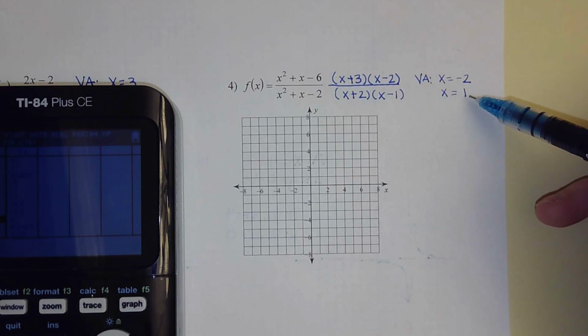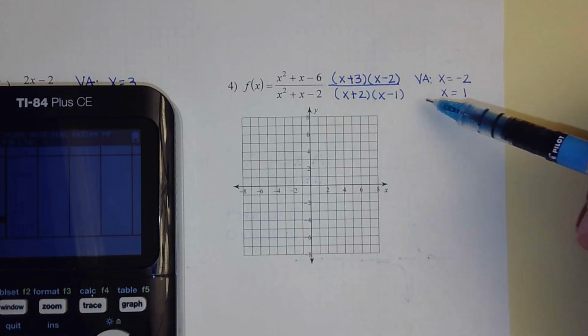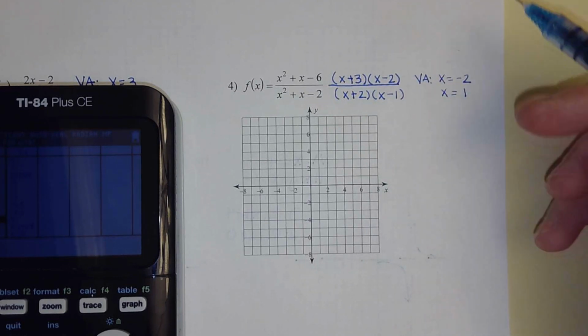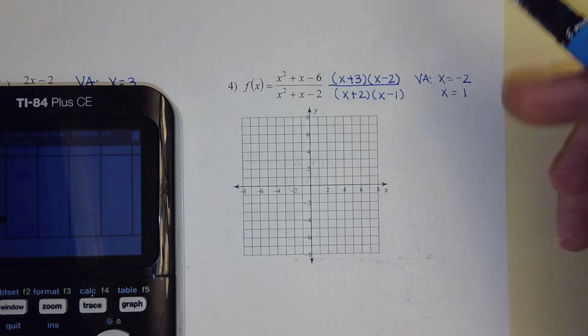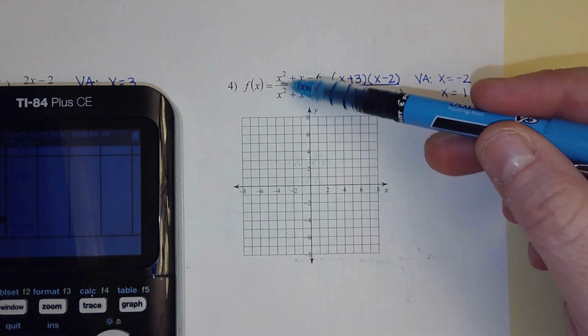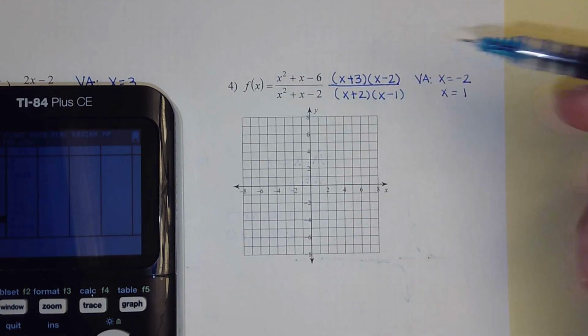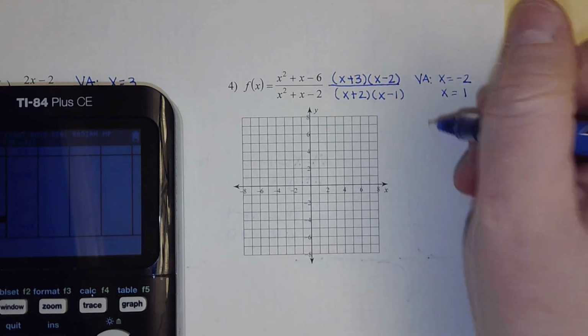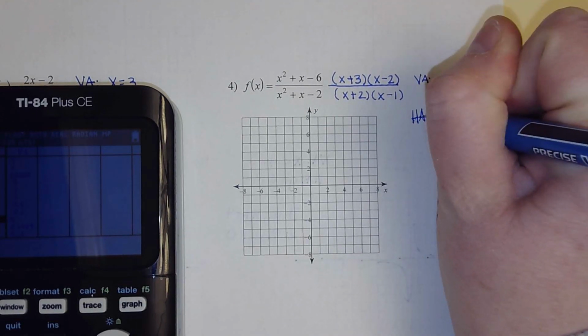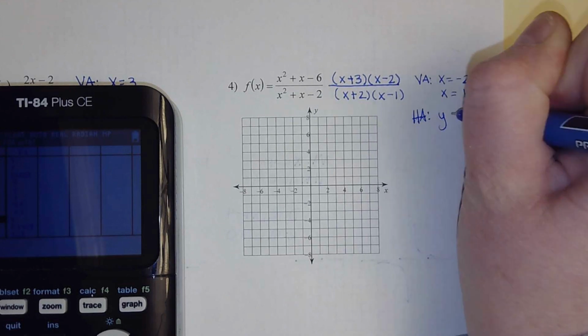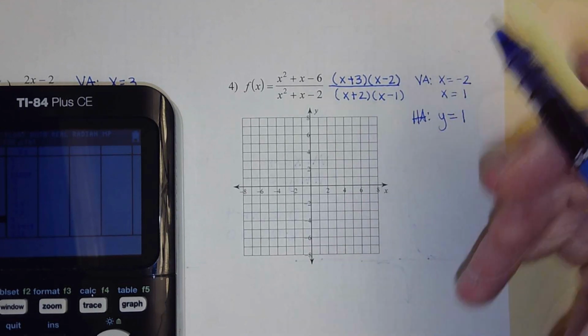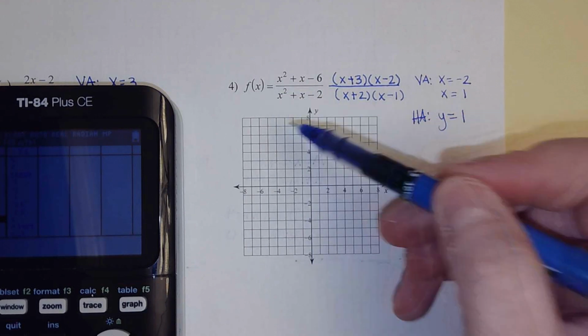I am checking that nothing cancels out. Same as before, I see that my degree is both x squared over x squared. The leading coefficients are 1. So I have a horizontal asymptote at y equals 1 because the leading coefficient is 1 divided by 1.